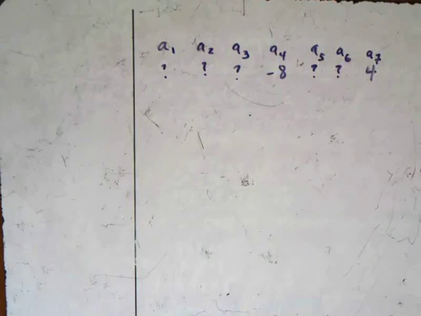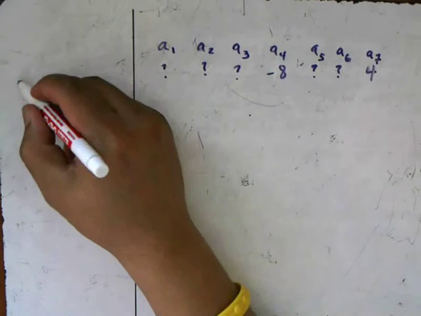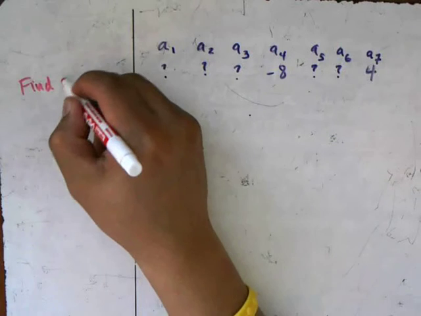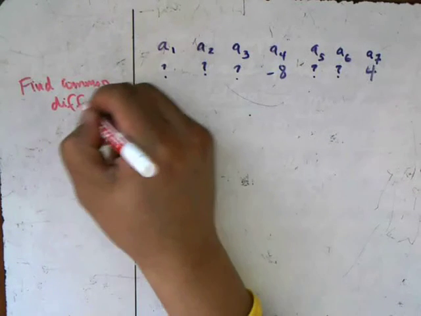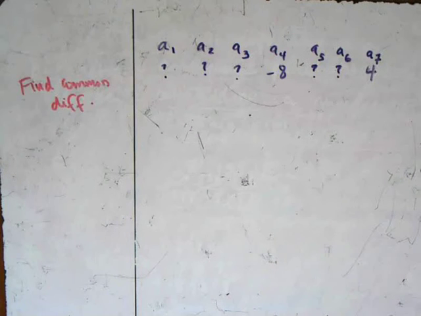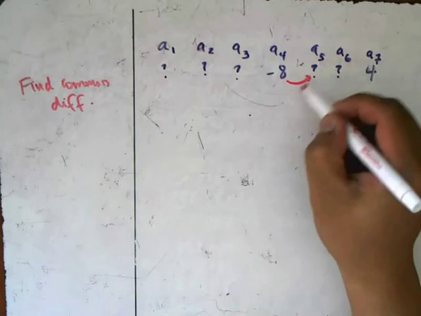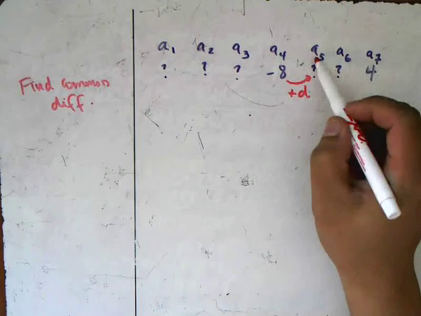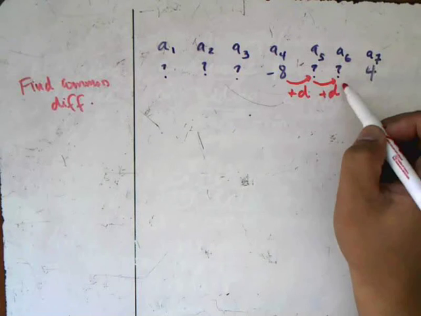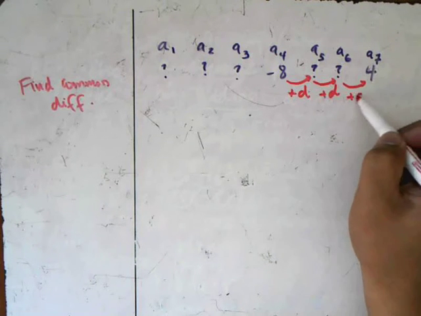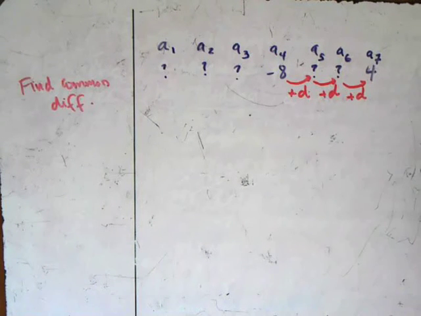And what we're going to try to find in this first part of the problem is the common difference. Well, I don't know what it is, so we'll just call it D. But I know that I'm going to add it once to go from A4 to A5, twice to go from A5 to A6, and 3 times to go from A6 to A7.